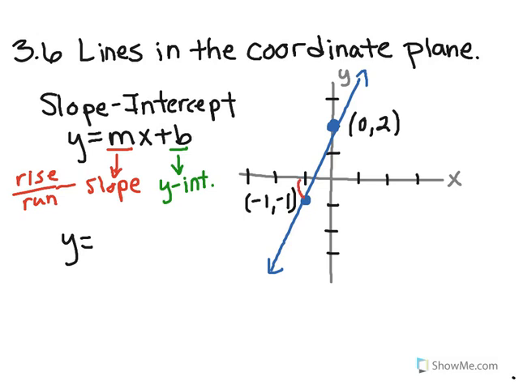So I start here and I'm going to go up 1, 2, 3 units. So my rise part here is going to be 3 over, now how much do we need to go to the right? Well, I need to go over 1 unit. So 3 over 1 is my slope.